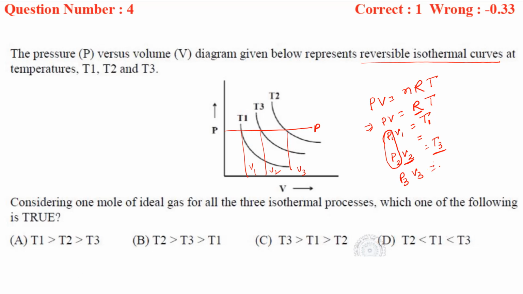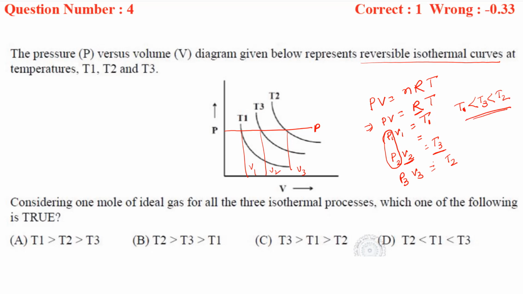That will be T2, so T2 will be the highest. So the correct sequence will be T1 is smaller than T3 and T3 is smaller than T2.